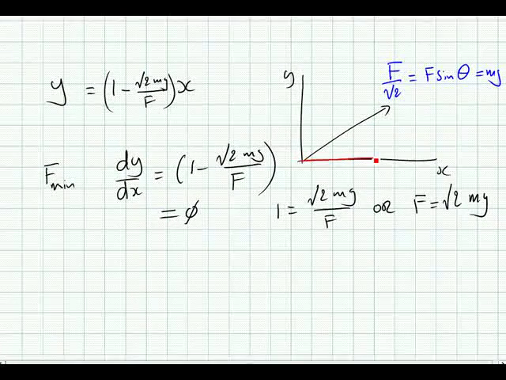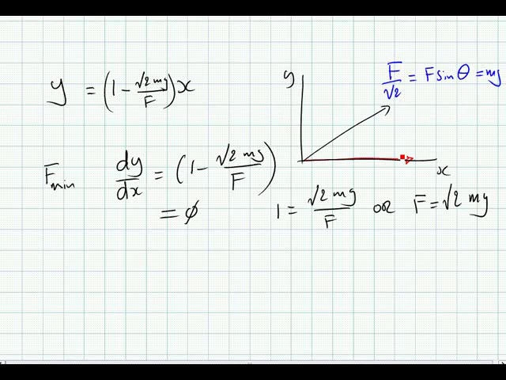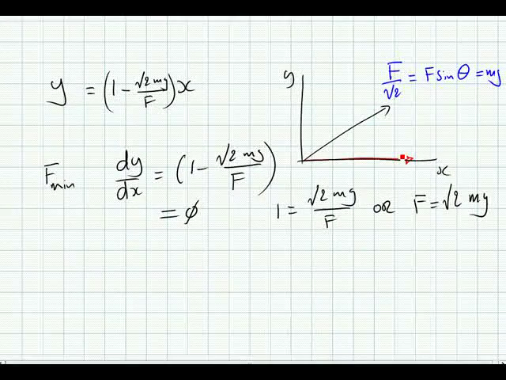So if the trajectory is horizontal with the x-axis, that means the object never takes off the ground.